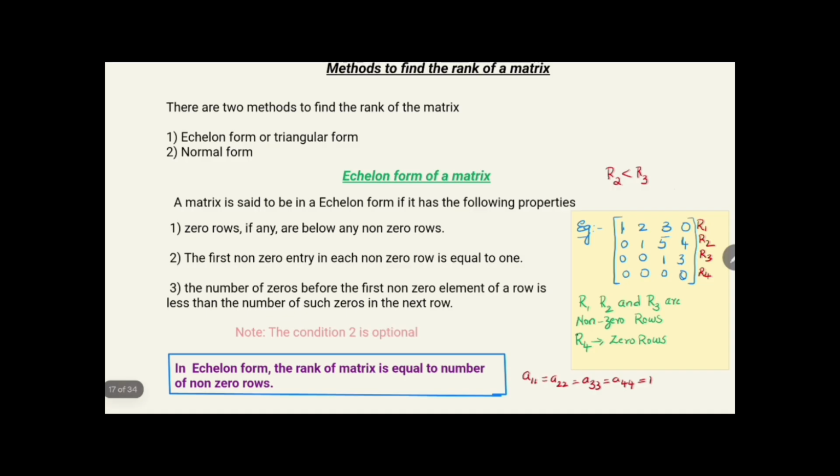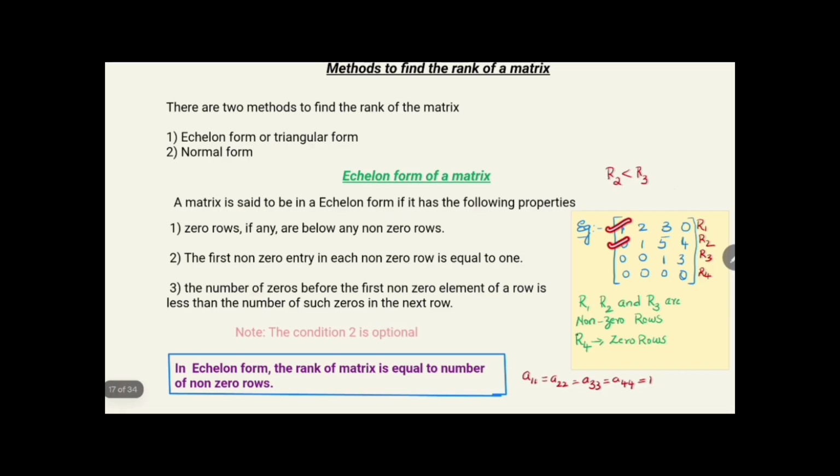Clear, students? Now, the main important thing is, in echelon form, the rank of a matrix is equal to the number of non-zero rows. See, by seeing the example, what are the non-zero rows here?